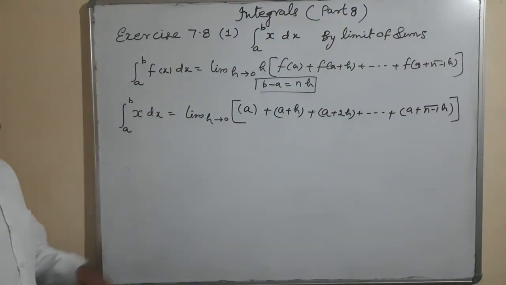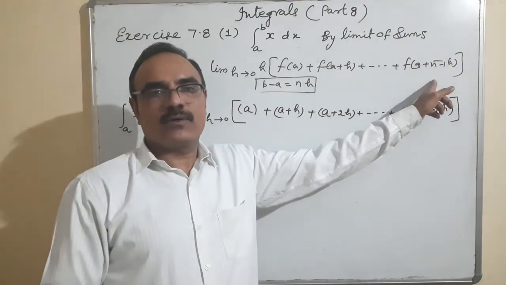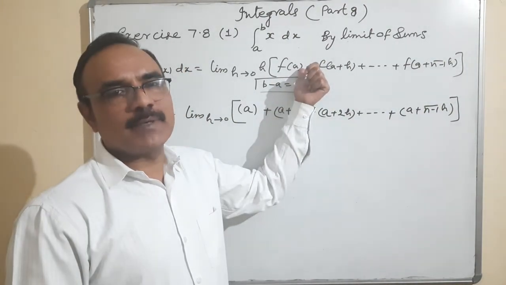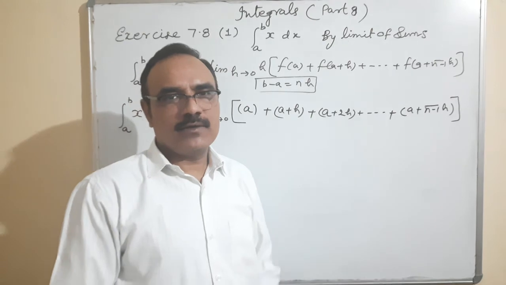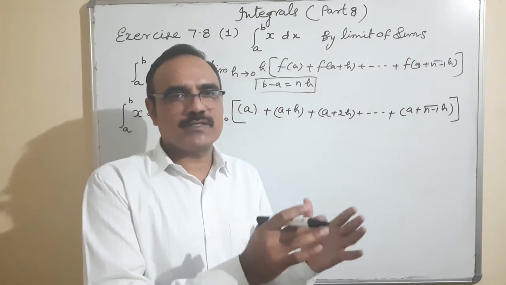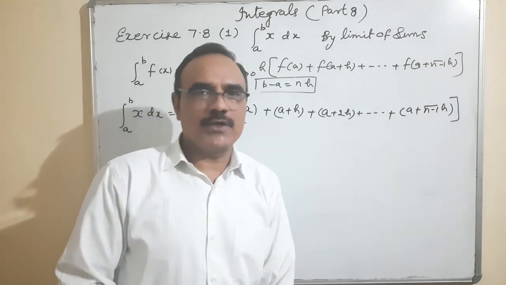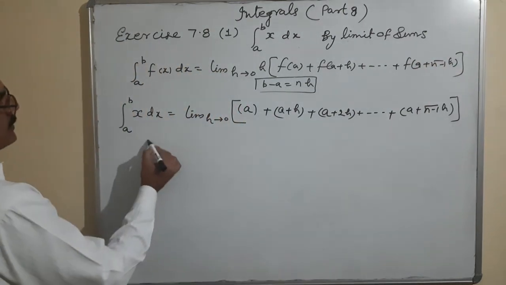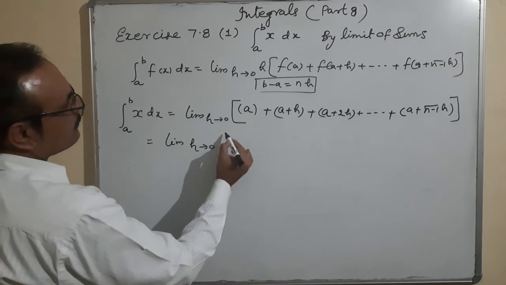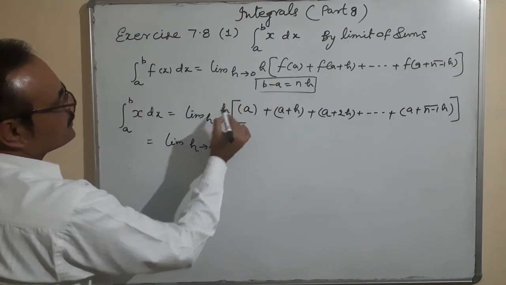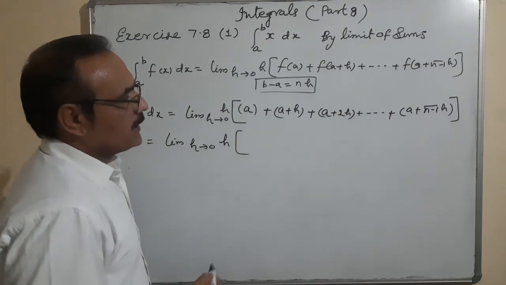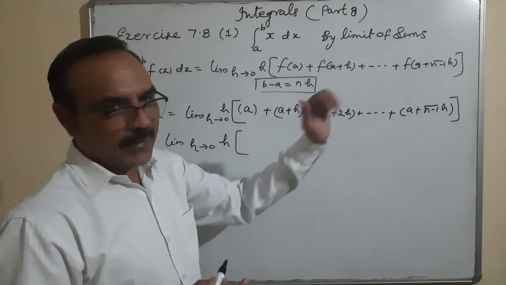Clear? What we have to do with the f, whatever the term is here, the variable will be replaced. First term is replaced by a, second a plus h, a plus 2h, a plus 3h, and a plus (n minus 1) into h. Now see, limit h tends to 0, and sorry, I have not written here h, which is very important, h. Now let us discuss the first term of all the brackets.